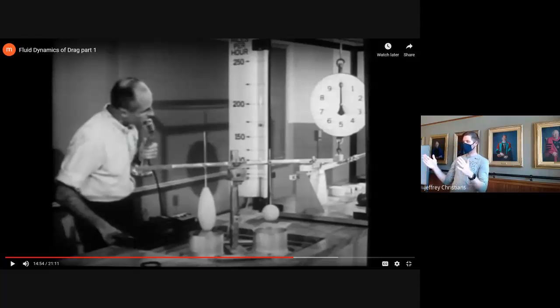Pressure and velocity are linked, so as velocity goes down, pressure goes up. If that happens fast, it's a really quick change in pressure. That's what happens at the backside of a ball. It's a fairly steep change in shape, so the pressure goes up quickly. When the pressure goes up quickly, viscosity isn't enough to keep the boundary layer attached. Viscosity loses that battle to pressure change.